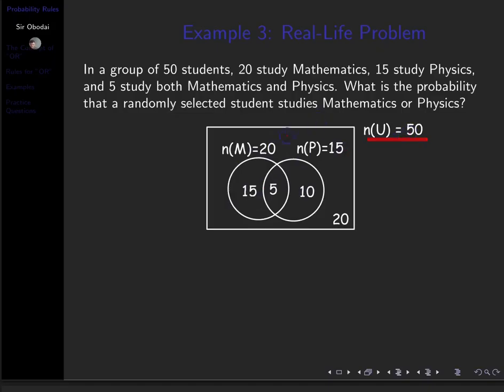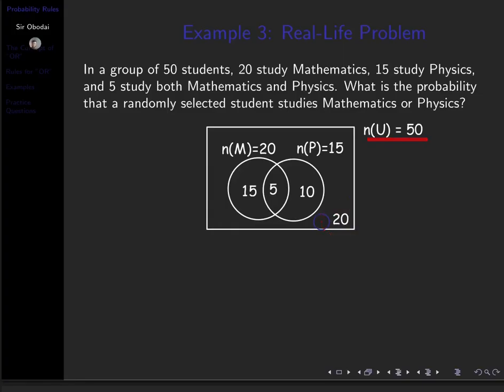But if you look at it carefully, 15 plus 5 plus 10 gives us 30. But then the universal set is supposed to be 50. Hence they are complements. That is why you see this 20 over here. They don't study maths nor physics.